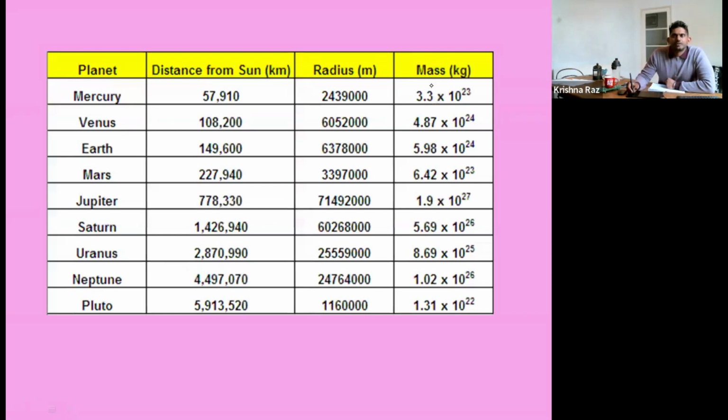So if we look here, we're given various numbers, so we're just going to go through them and write them into standard form. This first one, we could round that to 5.8, and it would be times 10 to the power of 4, because there's 4 digits after the first one.